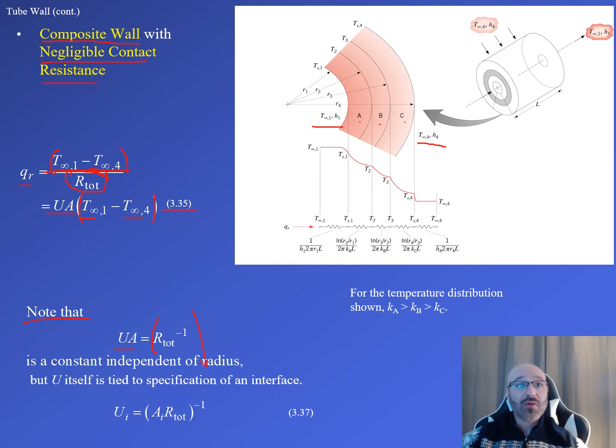So that's why 1 over R total becomes a U sub A right there. Now this is a constant independent of radius, but U in itself is tied to a specification of an interface right there. We have our definition right here from 3.37 that U sub I is equal to A sub I times RT inverse right there. So 1 over AI times our total thermal resistance right there.